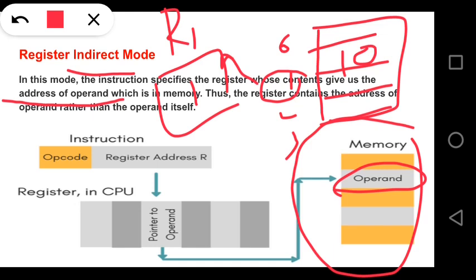This address is stored in the register, and this register name is mentioned in the instruction. This is called register indirect addressing mode. From this we can conclude that it takes longer to fetch the operand, because first we have to fetch the register value, and with that we have to fetch the actual operand.